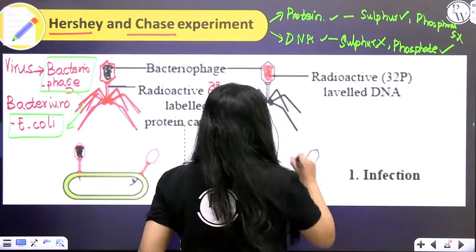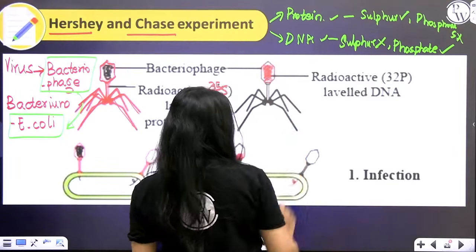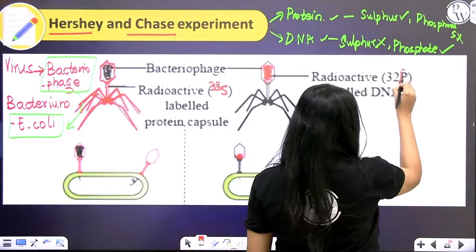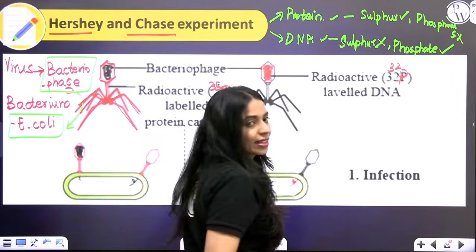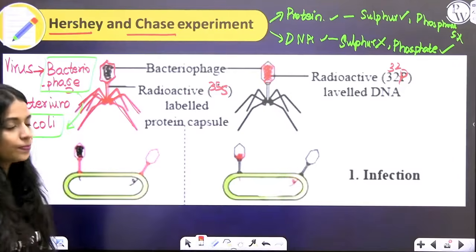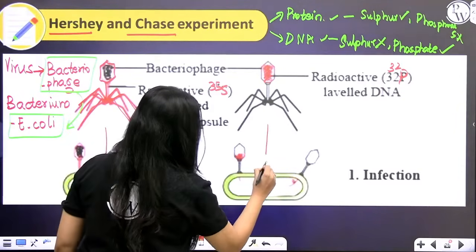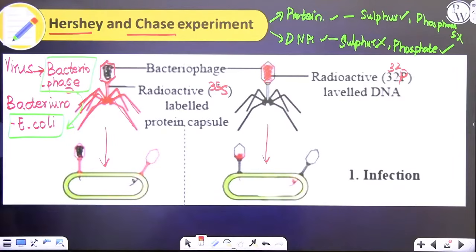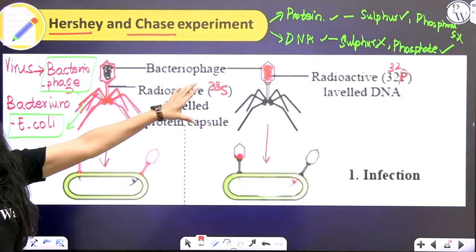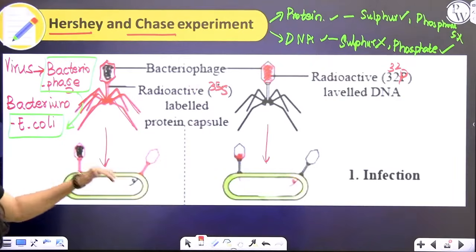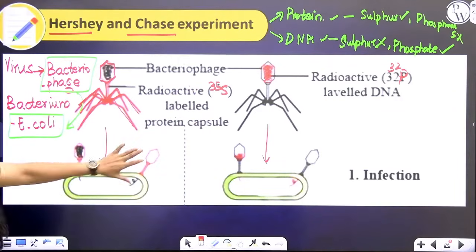In the other set of bacteriophages, DNA was radio labeled with P32, the radioactive isotope of phosphorus. They allowed these two sets of bacteriophages to infect E. coli bacteria. In the first step, which is called infection, they allowed this to infect it. Right now, we know that the DNA is going inside, protein is staying outside.